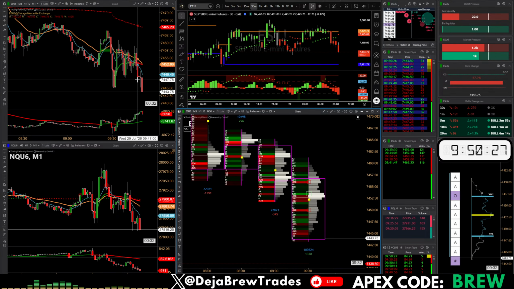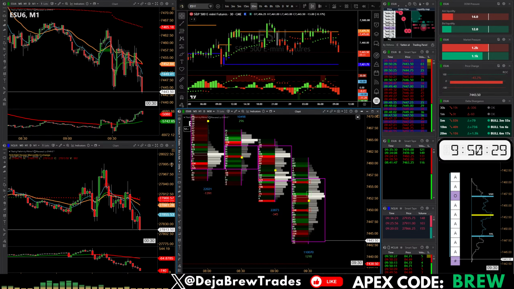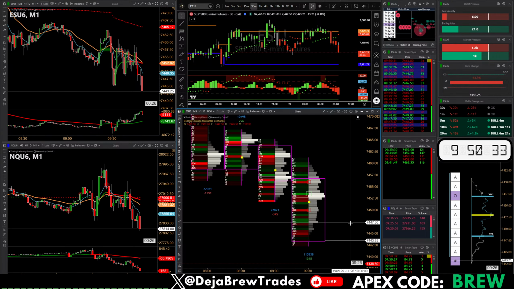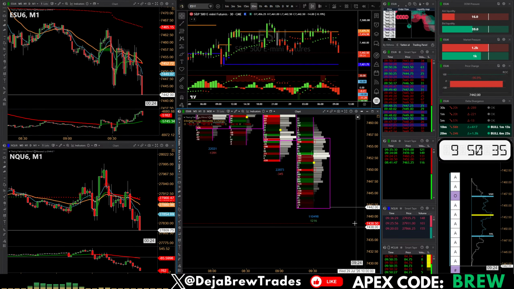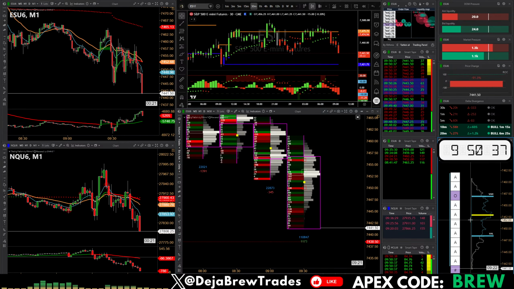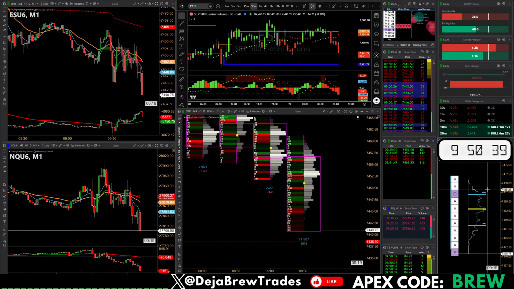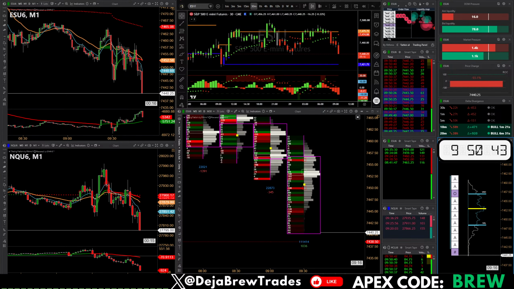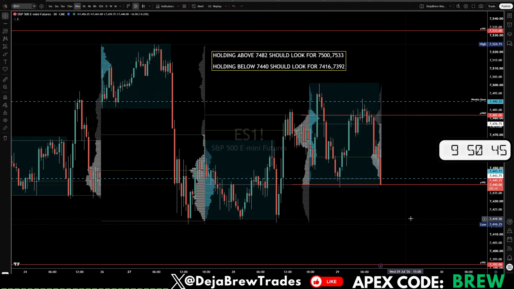Okay, keep it on the delta here because we are pushing low of day, but the delta is pretty weak. The delta is pretty good on NASDAQ, not very good on ES. Here's that overnight low at 38. We'll see if we can stay below that. So keep it on this 440. Below that, you have the low of day of yesterday, which is 420 to 16.